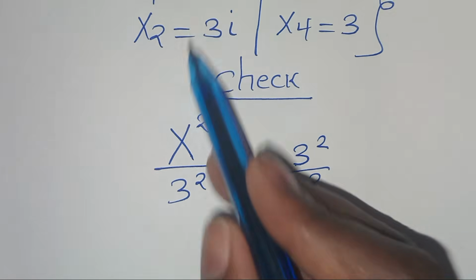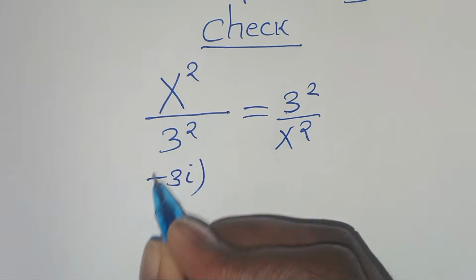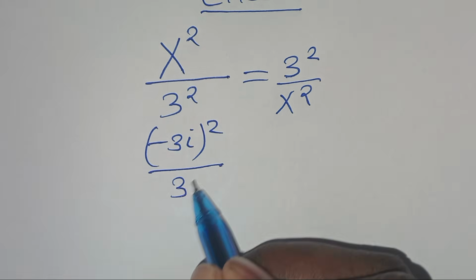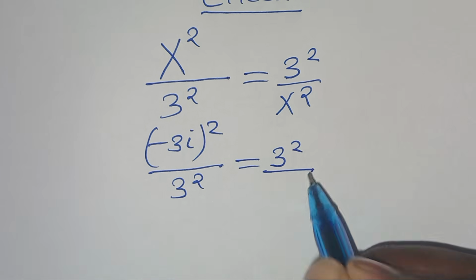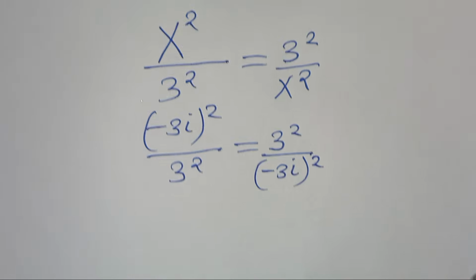So let's check x1, which is minus 3i. We have minus 3i raised to the power of 2 divided by 3 to the power of 2, equal to 3 to the power of 2 divided by minus 3i raised to the power of 2.